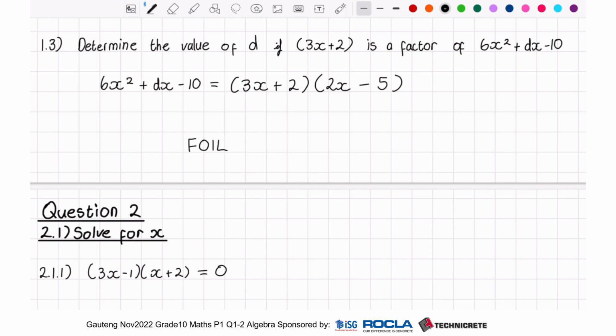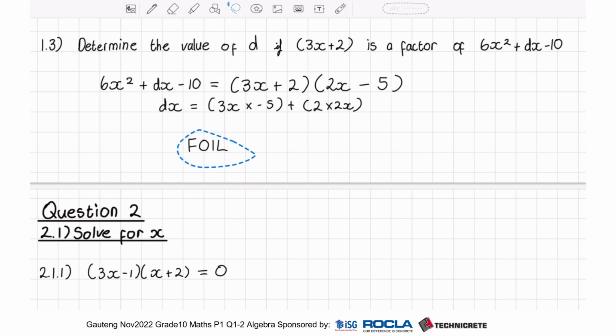Okay, and then to find d, I'm going to use FOIL for the outer terms. Sorry, that's this 2. And then FOIL for the inner terms. So this product plus this product is going to give me the value of d. So I know that dx is going to be equal to the outer ones, that's 3x times negative 5, plus the inner ones, which is 2 times 2x.